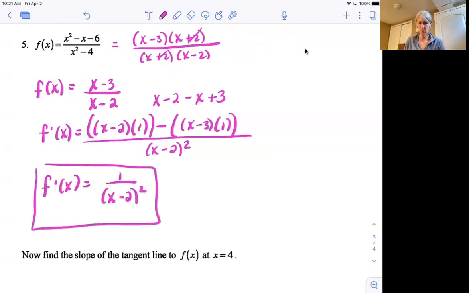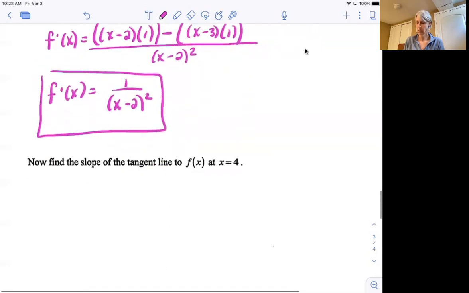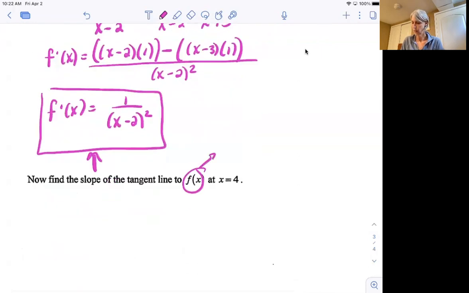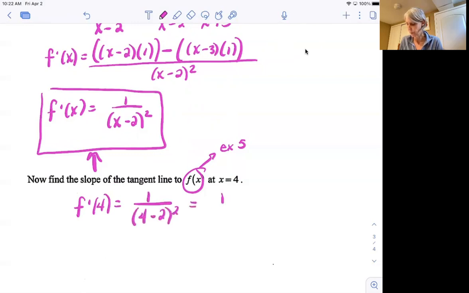Now let's use this function and find the slope of the tangent line to f of x in example 5 at x equals 4. What would we do? Plug 4 into the derivative. Two squared is 4.